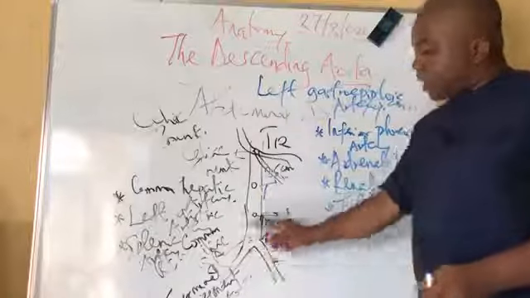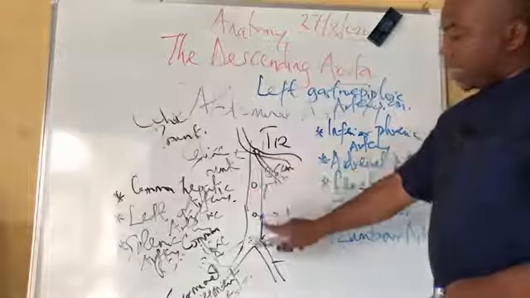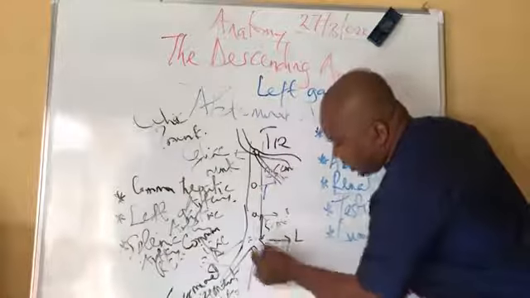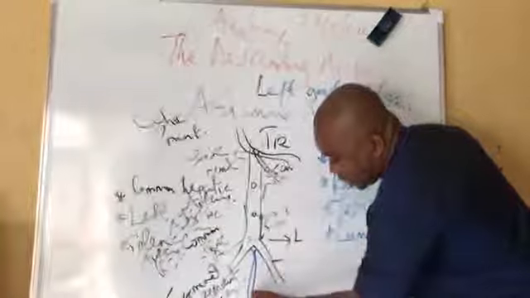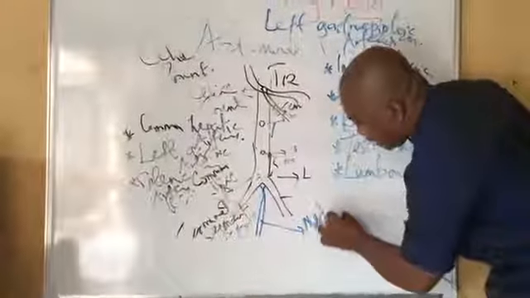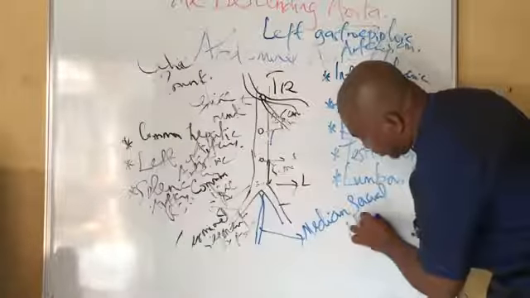So, in addition to these unpaired branches, which is celiac trunk, superior mesenteric artery, inferior mesenteric artery, there is also one unpaired branch that runs down here, and that one unpaired branch is called the median. We call it the median sacral artery.